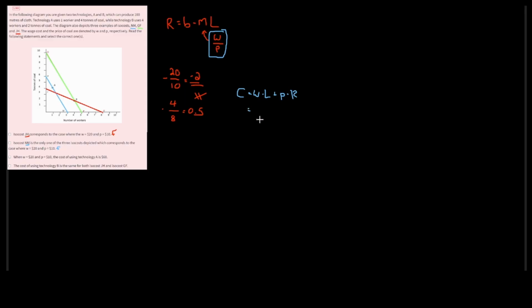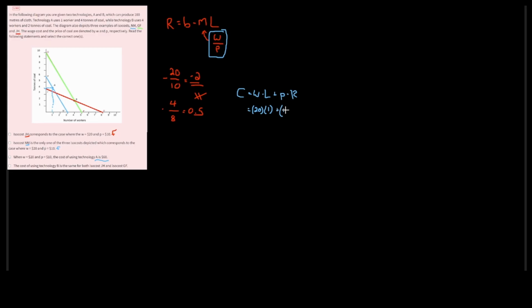We have a wage rate of 20, and what are we looking at? We're looking at technology A. Where is A? A has 1 and 4. So 20 times 1 plus, what's our price of the resource?